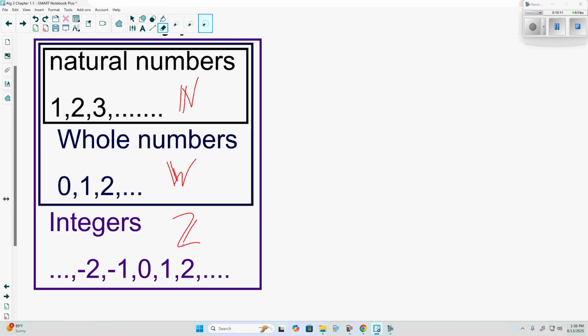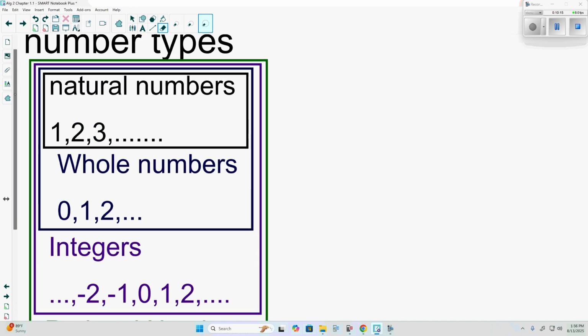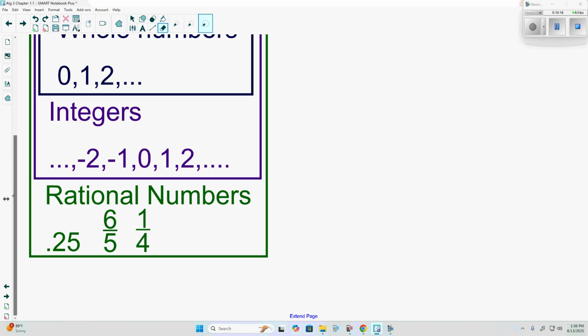We good with this so far, yes? Next one, this is where our Q does come in, is our rational numbers. These are any number that can be written as a fraction, that has a terminating decimal. So now we're starting to fill in some of the numbers between 0 and 1, 1 and 2, -1, -2.